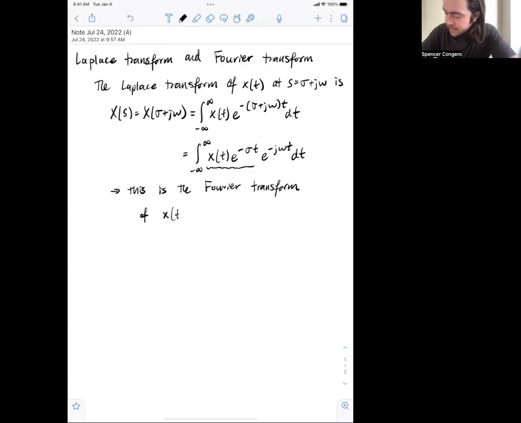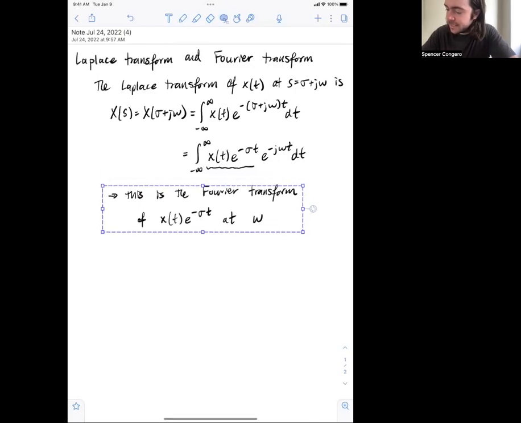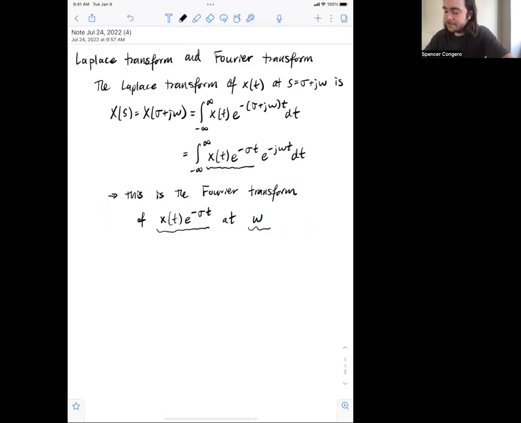Now it's x of t times e to the negative sigma t. It's not x of t anymore, but it's the Fourier transform of that signal at the point omega. If I said take the Fourier transform of this function, what would you do? You do the integral of that function times e to the negative j omega t, and that would be the Fourier transform at omega. So this is the relationship between the Laplace transform and the Fourier transform.